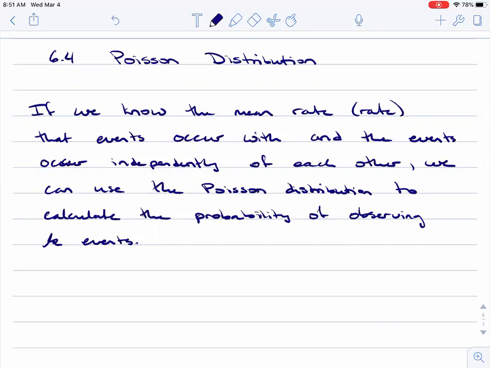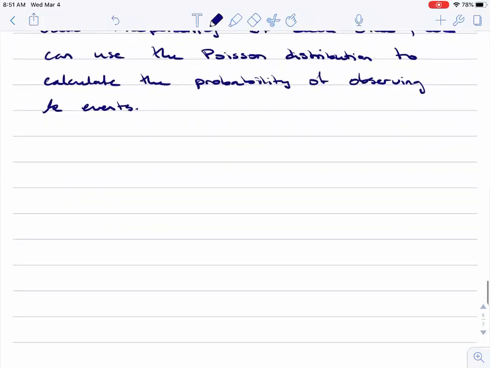And so we can use the probability that X equals k, I think is what's on your formula sheet. Let me just make sure. The Poisson, yeah.